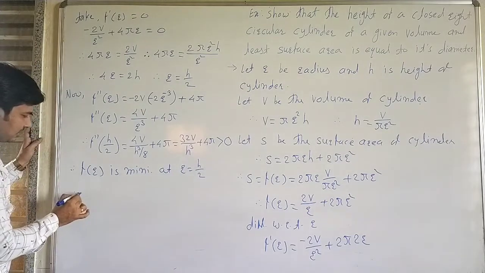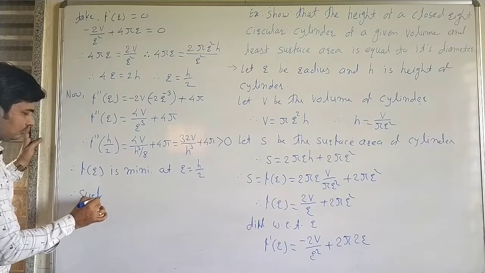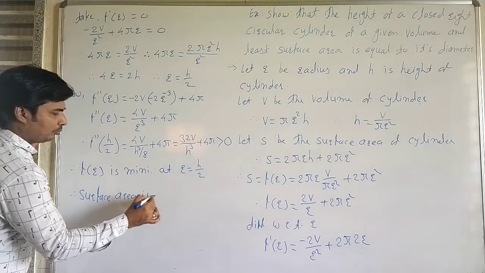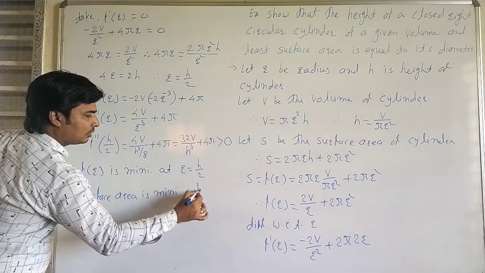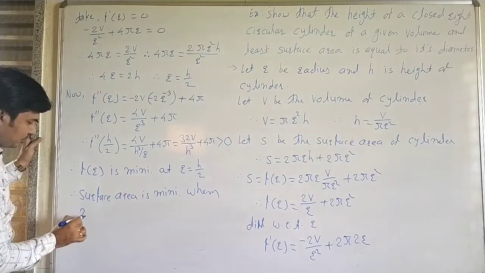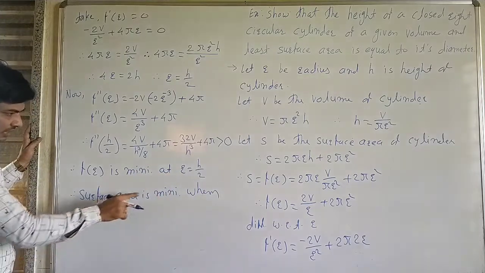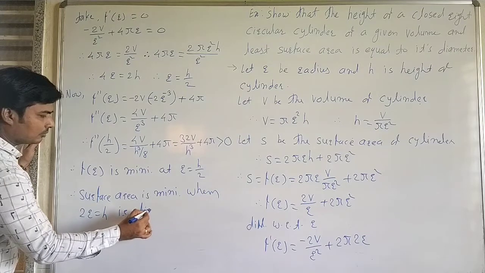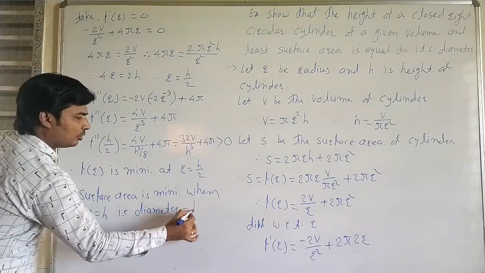Therefore the surface area, f of r, is minimum when 2r is equal to h. Surface area is minimum when 2r is equal to h, that is, diameter is equal to height.